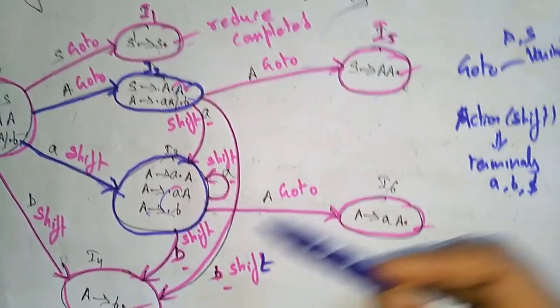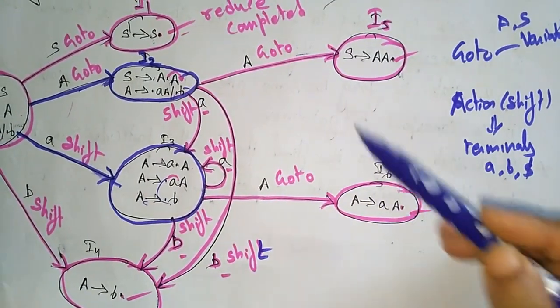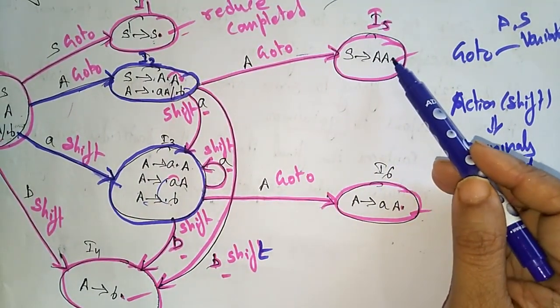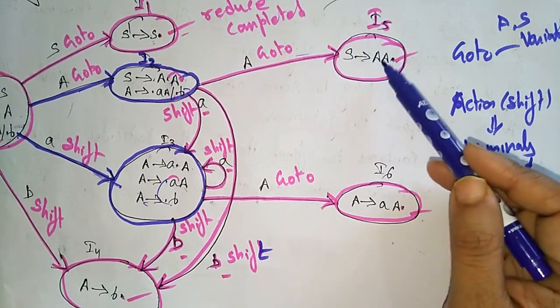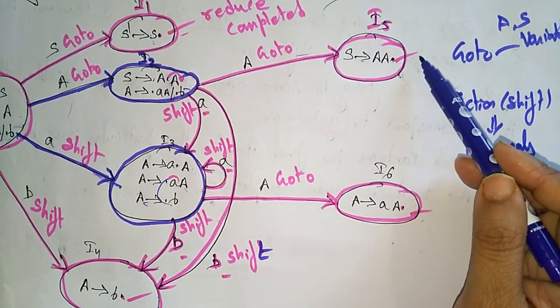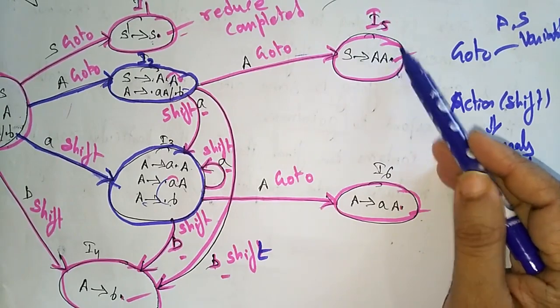For the remaining grammar, you need to write the production numbers at the end of the dot. If the state contains the dot at the rightmost end, then you need to write the production number in the table.